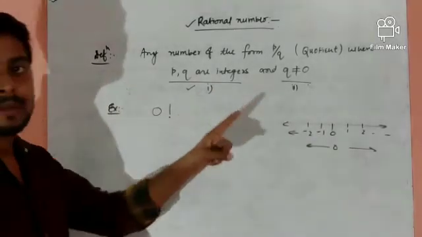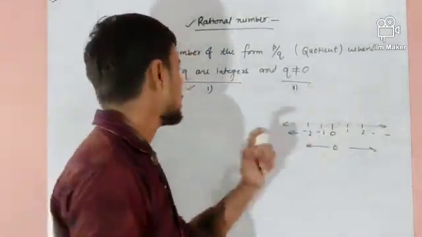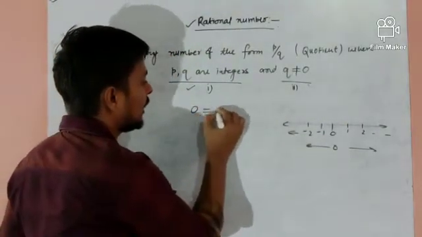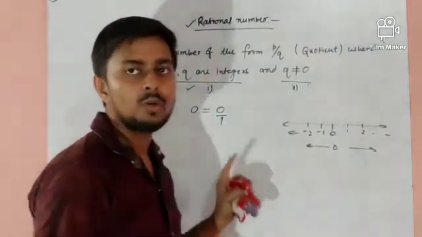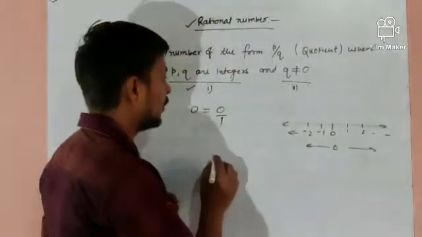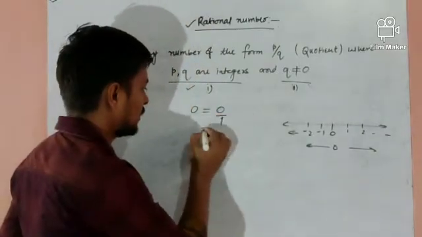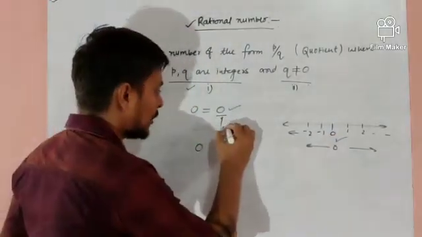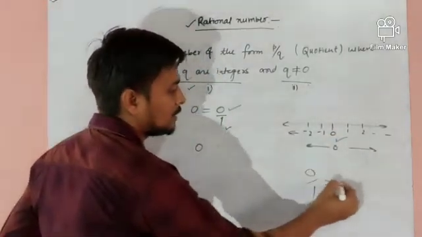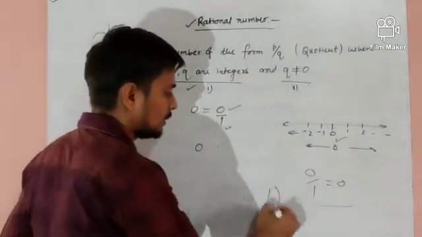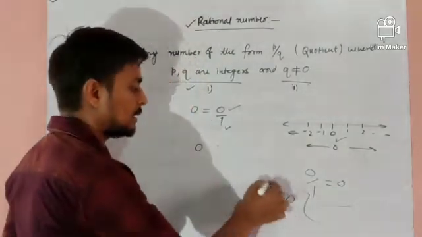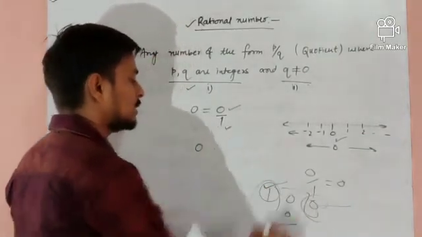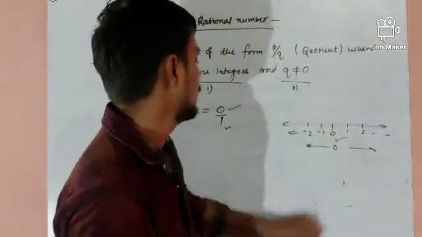One most important thing about 0: is 0 a rational number? To clarify whether 0 is rational or not, 0 can be written as 0 upon 1. 0 upon 1 is again 0. You can check easily: divisor is 1, dividend is 0, this is completely divisible, quotient will be 0.